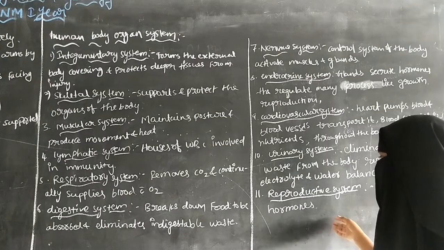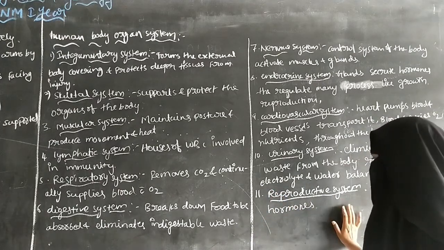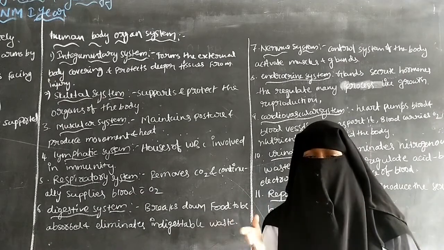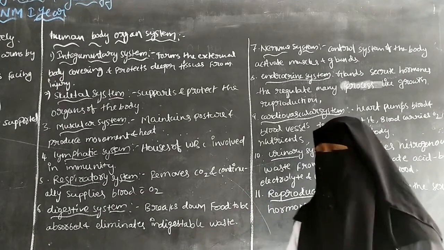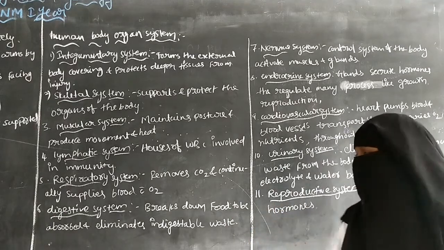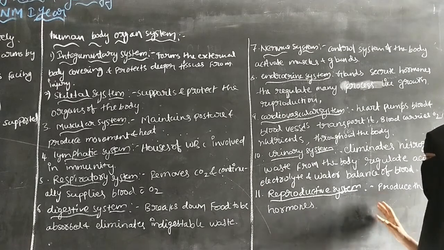In females, the ovaries release the eggs. In males, the testes release the sperm. It is the reproductive system.